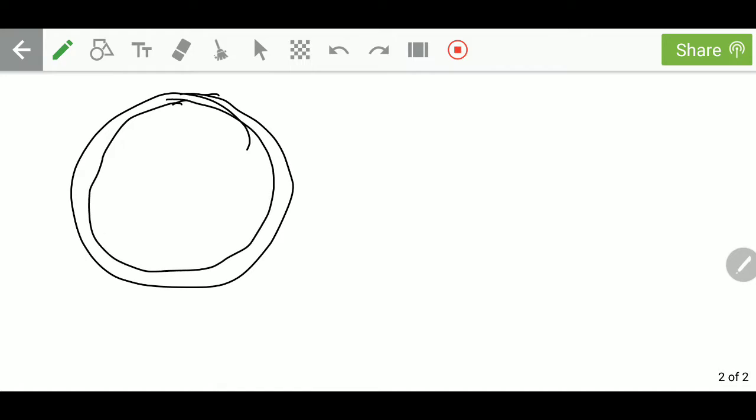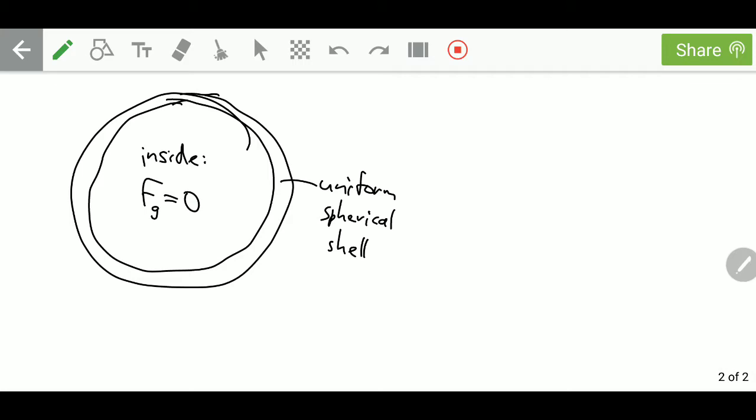If you have a uniform spherical shell and you are inside, the gravitational force is 0, and this is everywhere inside the shell.